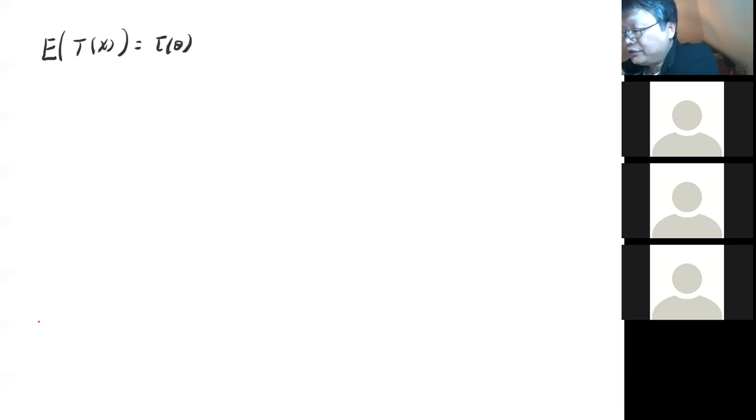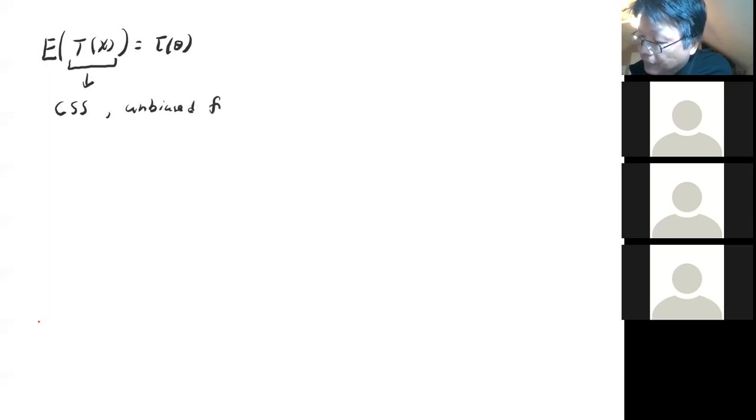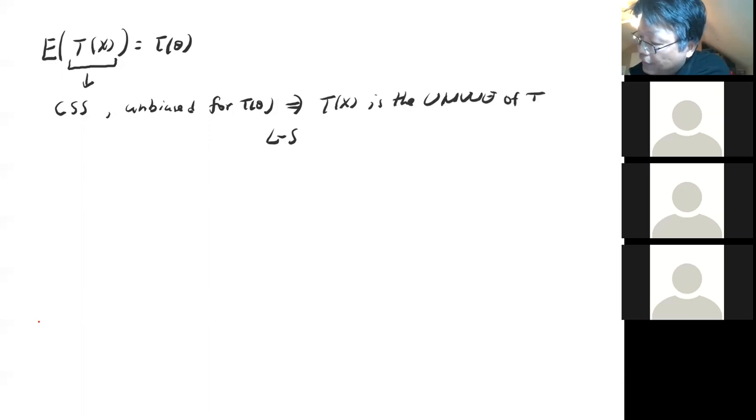This theory is called the Lehmann-Scheffé theory. Say if you have T(x) as a complete sufficient statistic, and you also find out that it's unbiased for tau(theta), then by Lehmann-Scheffé theory you can claim that T(x) is the UMVUE of tau(theta).